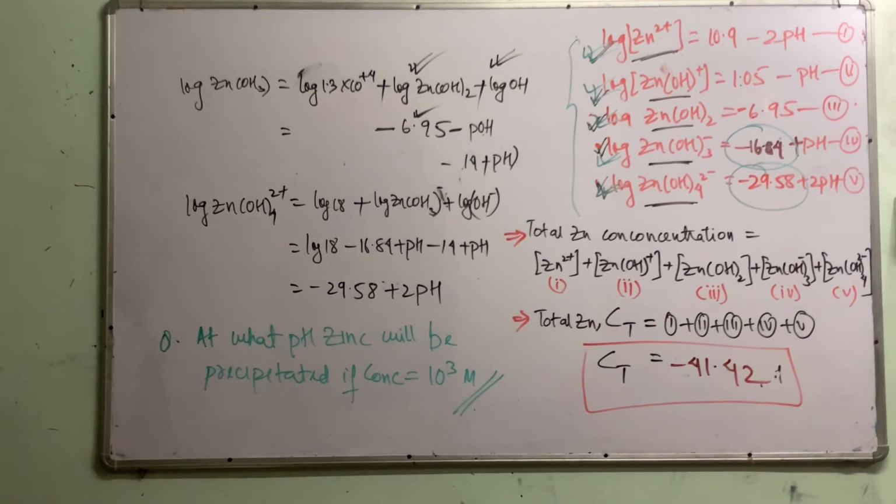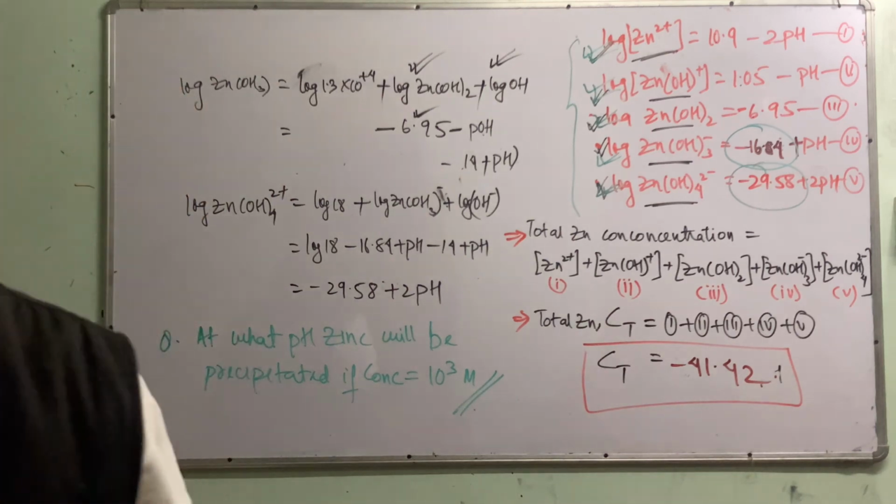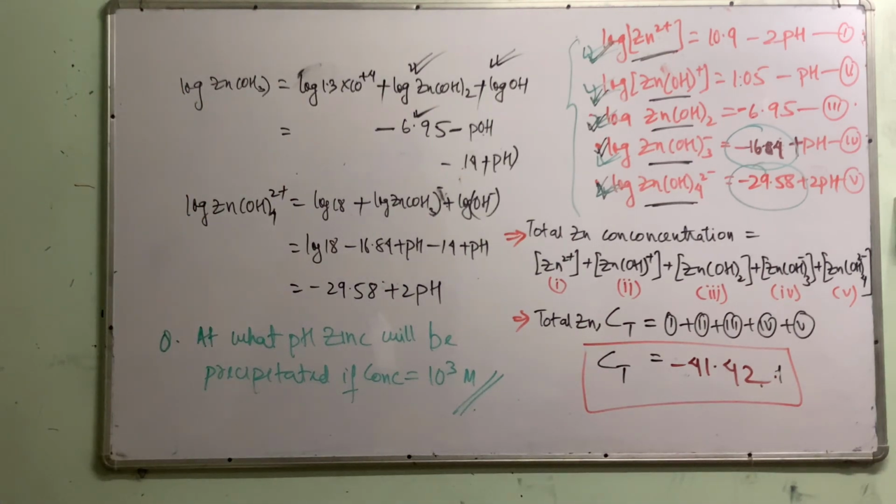You have an STP or effluent treatment plant from industry. It gives out 10 to the power minus 3 moles. Say for example, at what pH zinc will start to precipitate. Or the exact question may be, I'll tell you tomorrow, we'll solve.